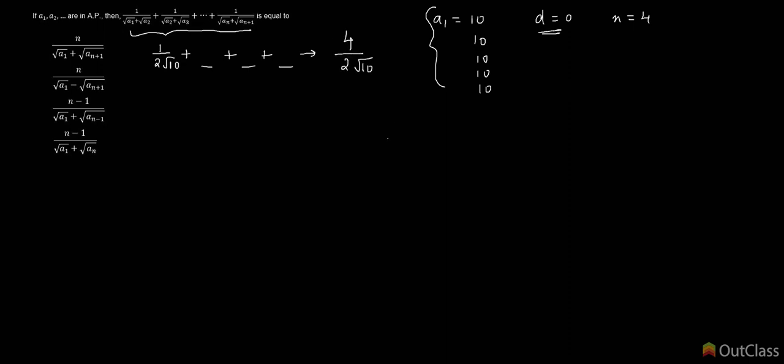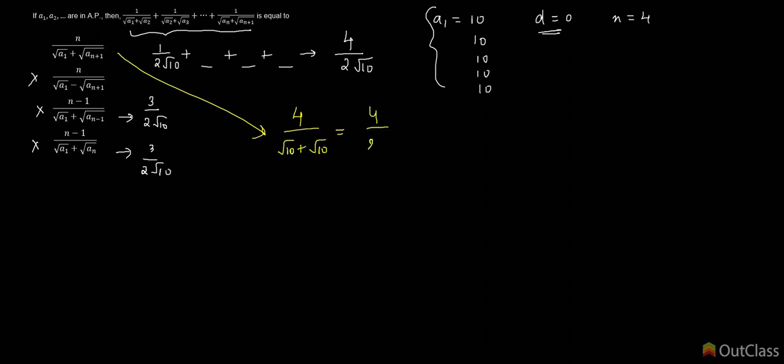And let's compare with the 4 options given. You can immediately check the n minus 1s, because both of them will lead to 3 by 2 root 10. The second option can be checked because it will become division by 0 where it shouldn't, and you're only left with option 1, and you can check there and you will see that that gives me 4 by root 10 plus root 10, which is 4 by 2 root 10.